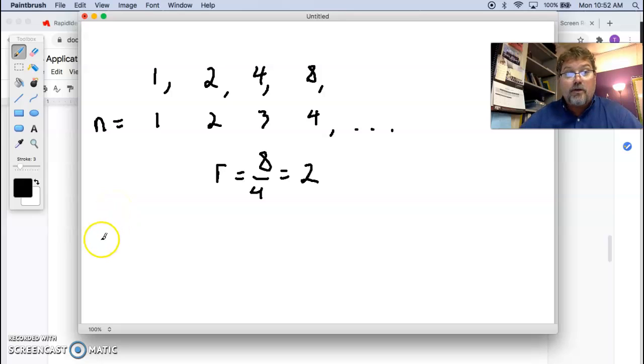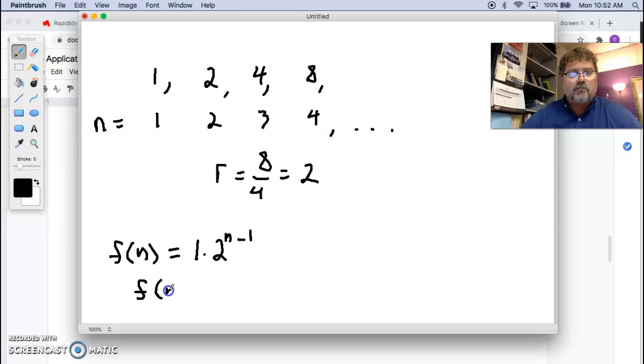All right, so if we wanted to write a formula to predict terms of this sequence, and answer any questions that are asked of us, an explicit formula is always great. We have the first term, 1, times 2 to the n minus 1, and we don't really need that 1 there. It's 2 to the n minus 1. Does it work?